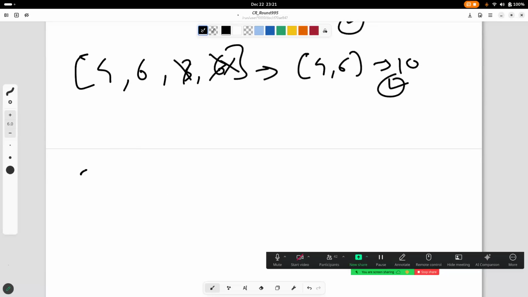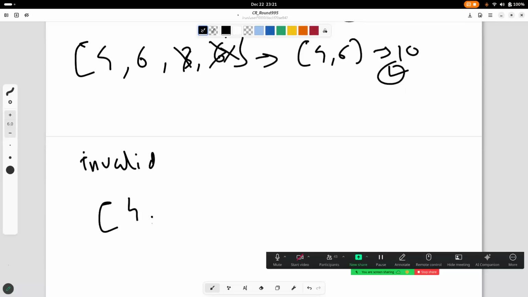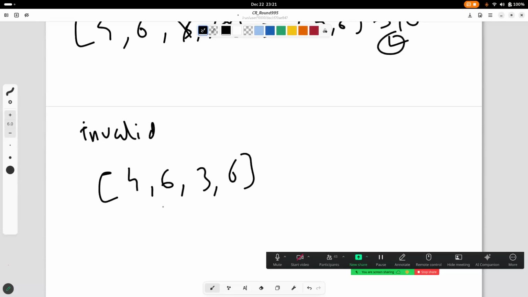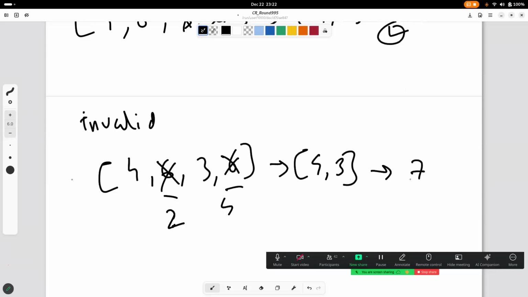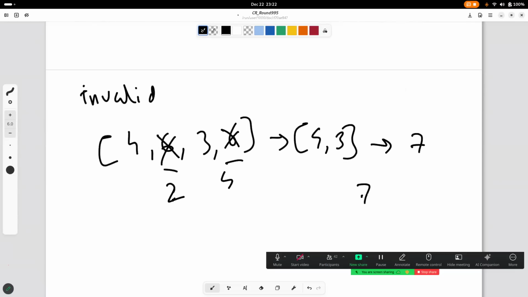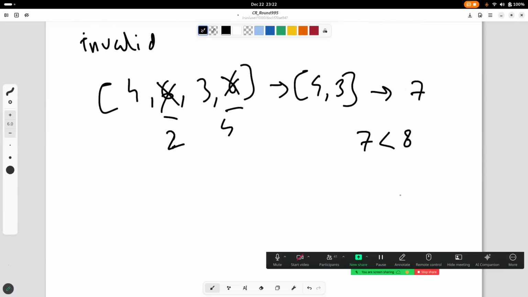An example of an invalid pair would be, for example, let's say that we decide to remove index number 2 and index number 4. If we remove those, the remaining array would be 4 and 3, and this would sum to 7. But 7 is strictly less than 8, so it's not greater than or equal to 8, that is our x.